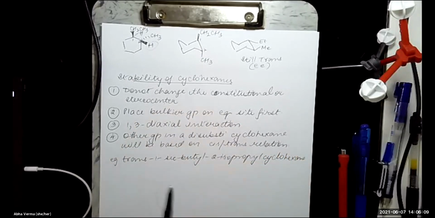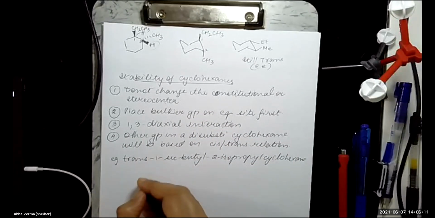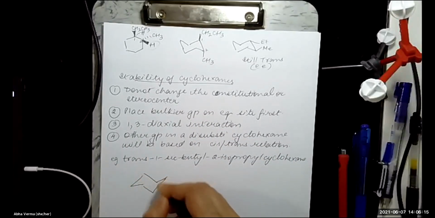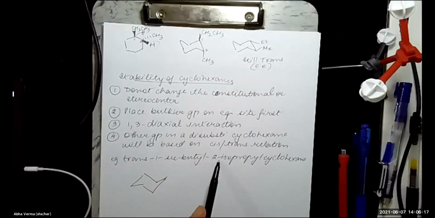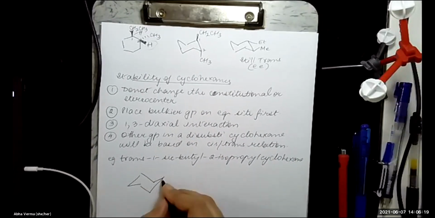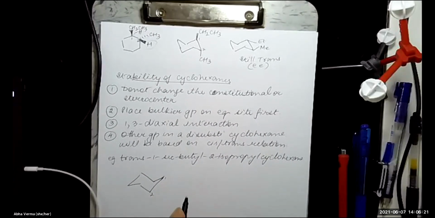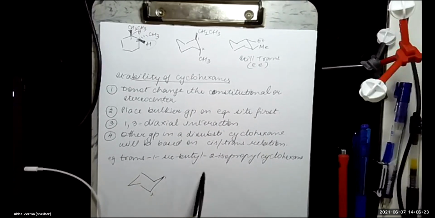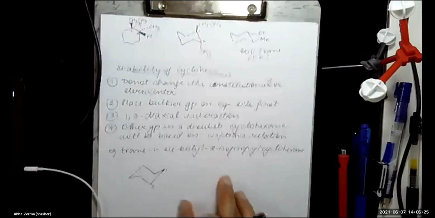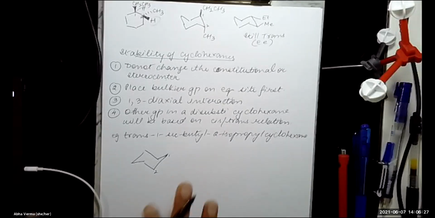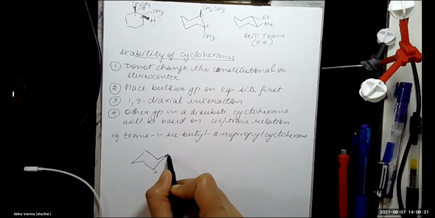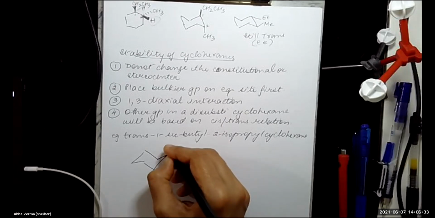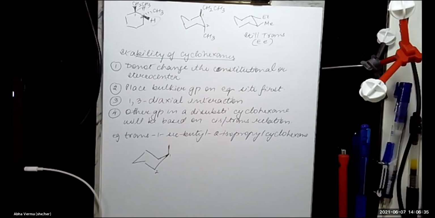So following this rule, first of all, let's make our cyclic ring. Where are the two locations? We have a carbon 1 and a carbon 2. And before I figure out which is my bulky group and which is my less bulky group, let me draw my axial and equatorial bonds. So this carbon is facing up. I'm going to make my axial bond go up.